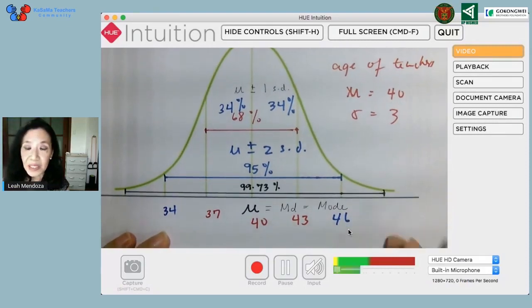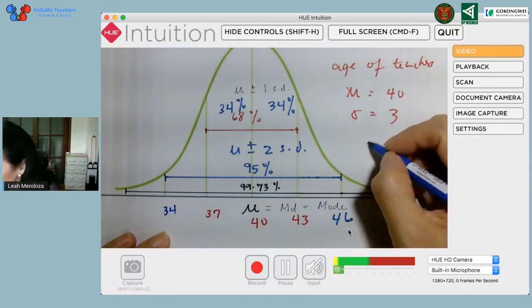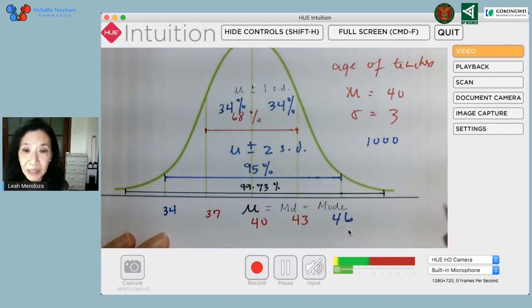Okay? So you can say approximately 95% of teachers in this particular school have ages between 34 and 46. So if there are, let's say, 1,000 teachers in that school, approximately 950 are aged between 34 and 46.